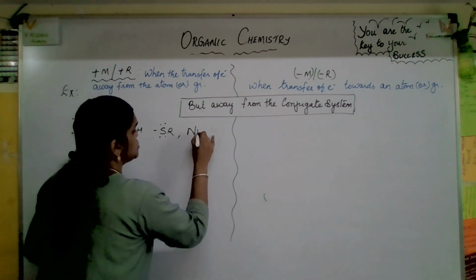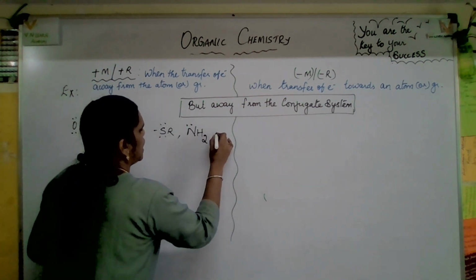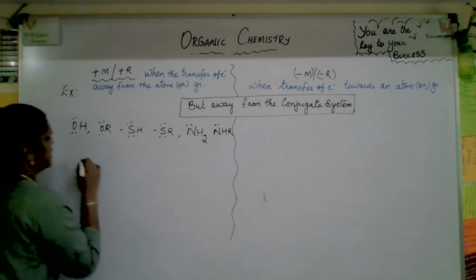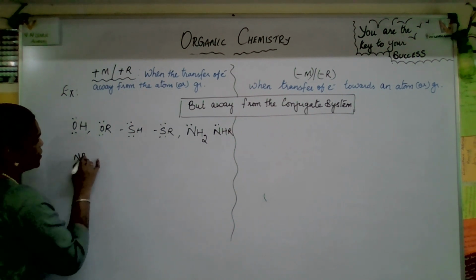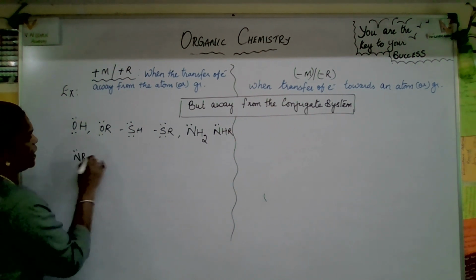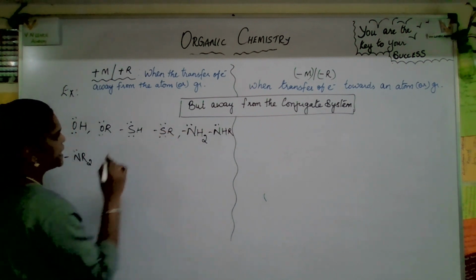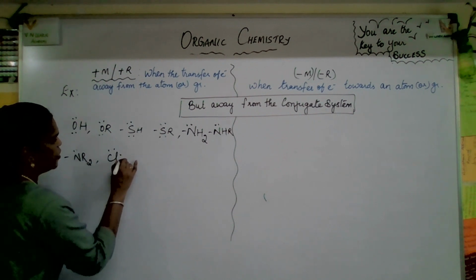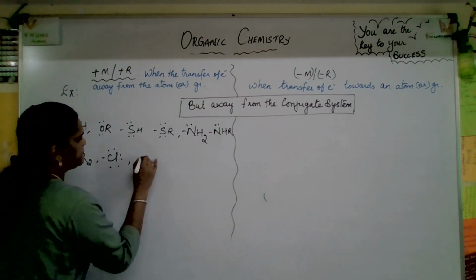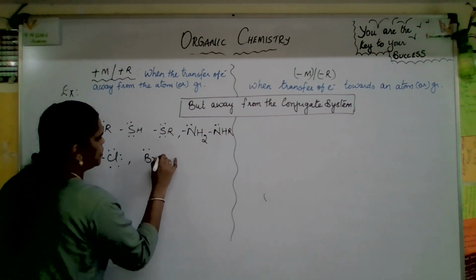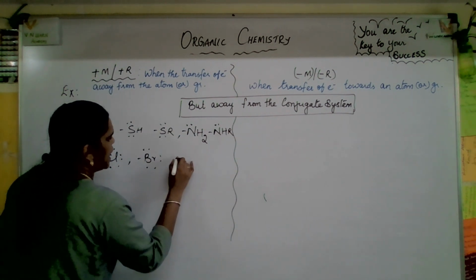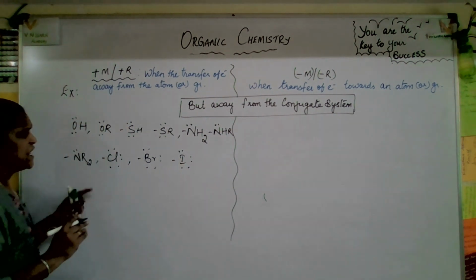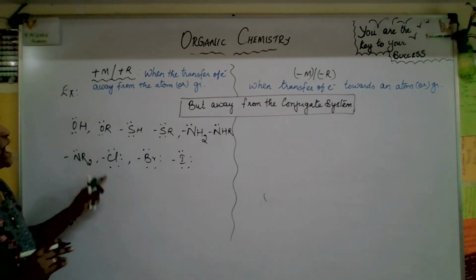And NH2, amine group, and NHR, secondary, and NR2, where everything is attached to something else. Now Cl, lone pair of electrons, Br, lone pair of electrons, I, lone pair of electrons. So these are all the examples that come under plus M.